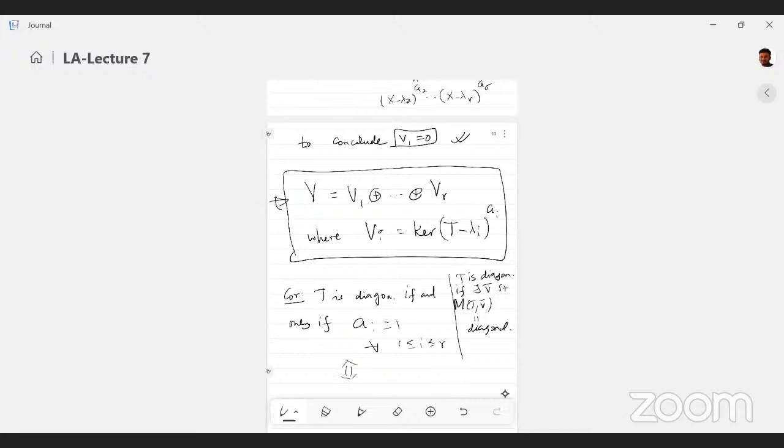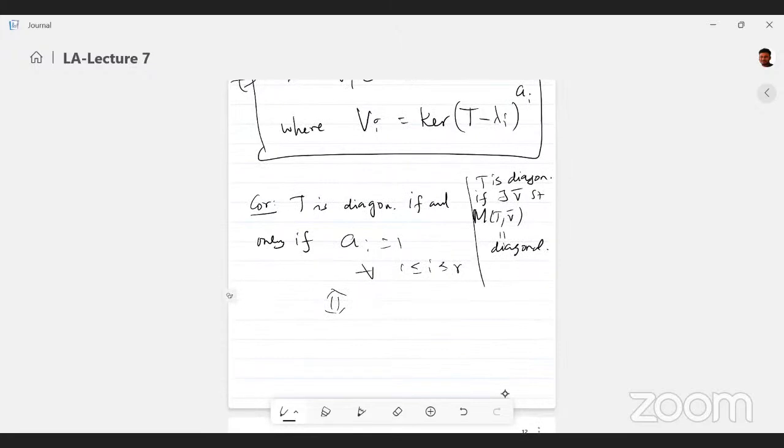If and only if the minimal polynomial factors into linear factors. Linear means distinct, of course.